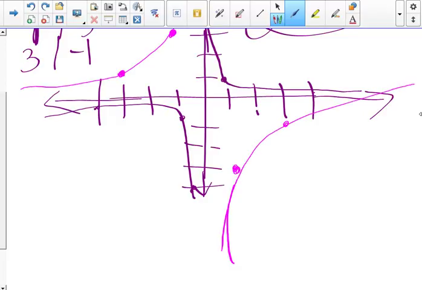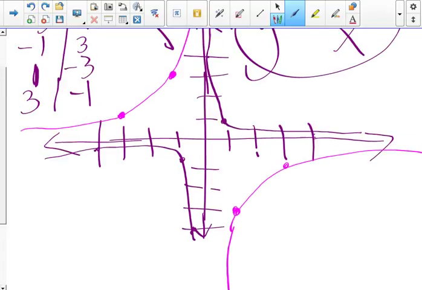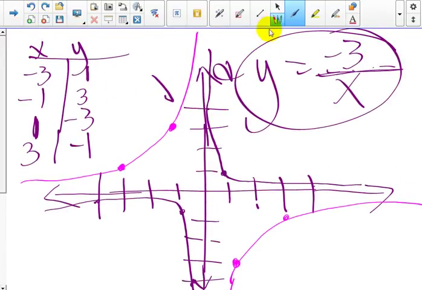It never crosses the axis. So the a value of negative 3 reflects it across the x-axis and stretches it by a factor of 3, and that's what you would state.